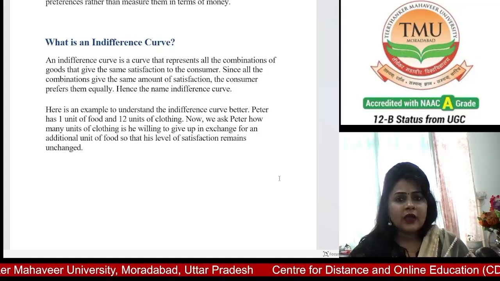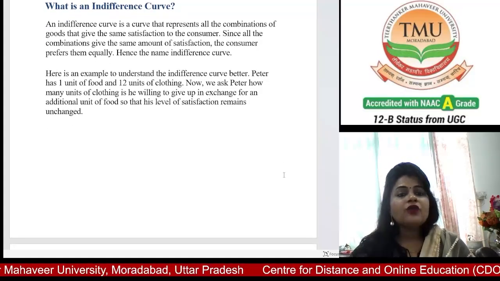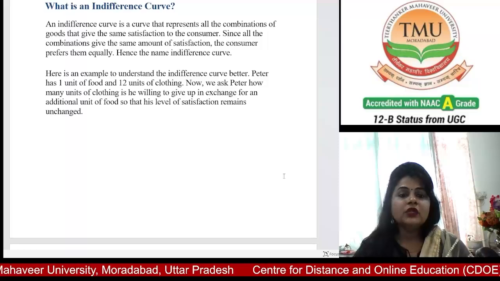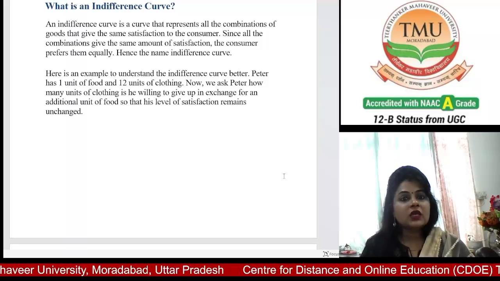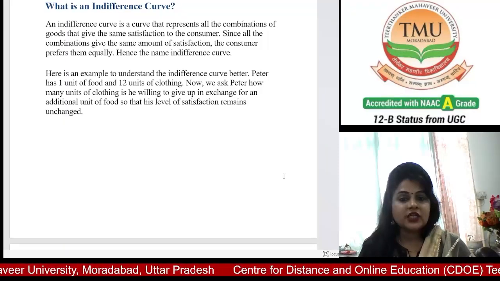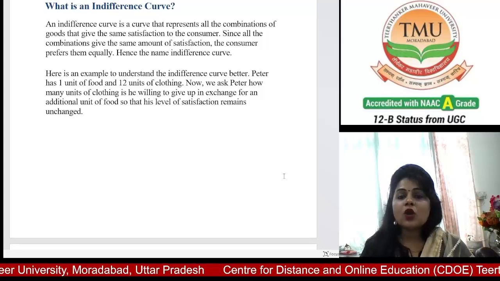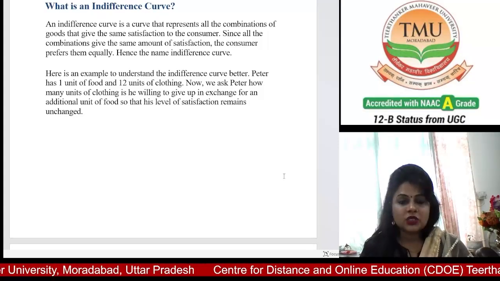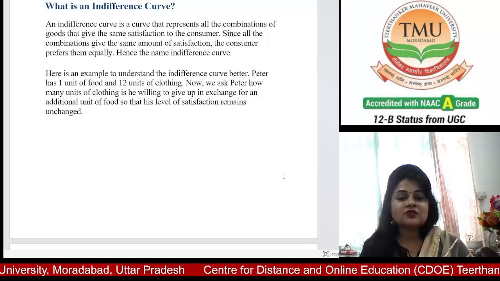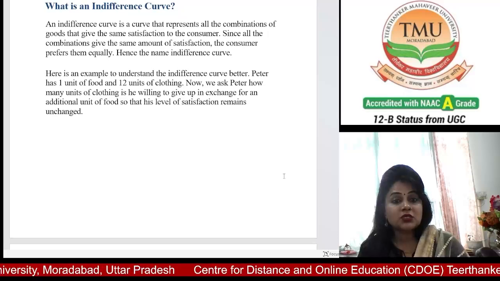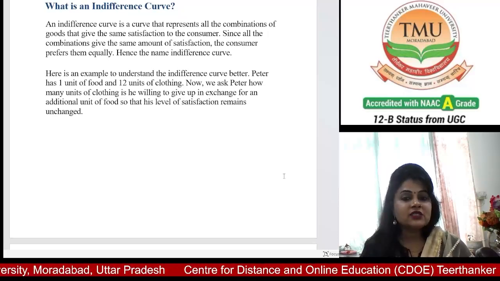It is a graphical representation of combinations of different goods providing the same satisfaction level to the consumer. It is known as the indifference curve.